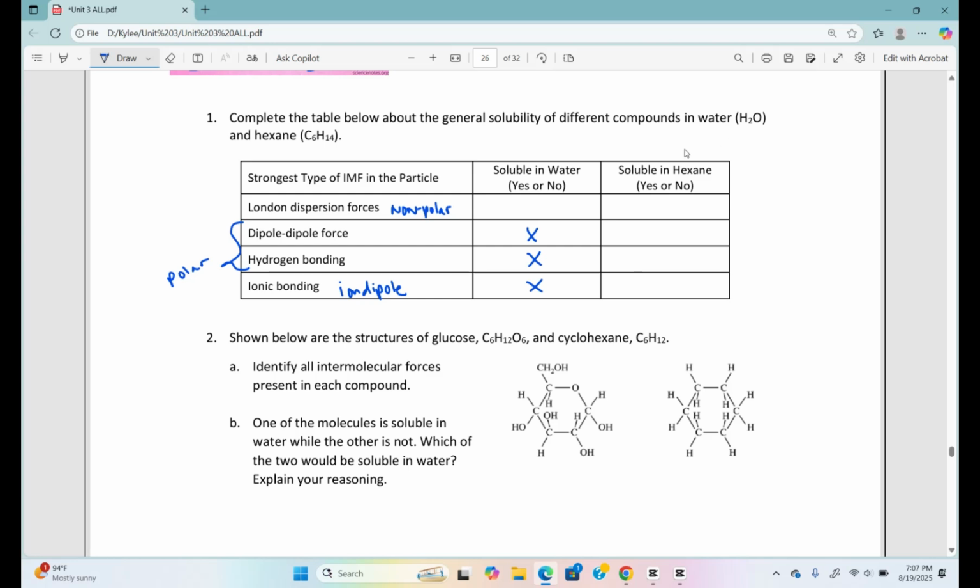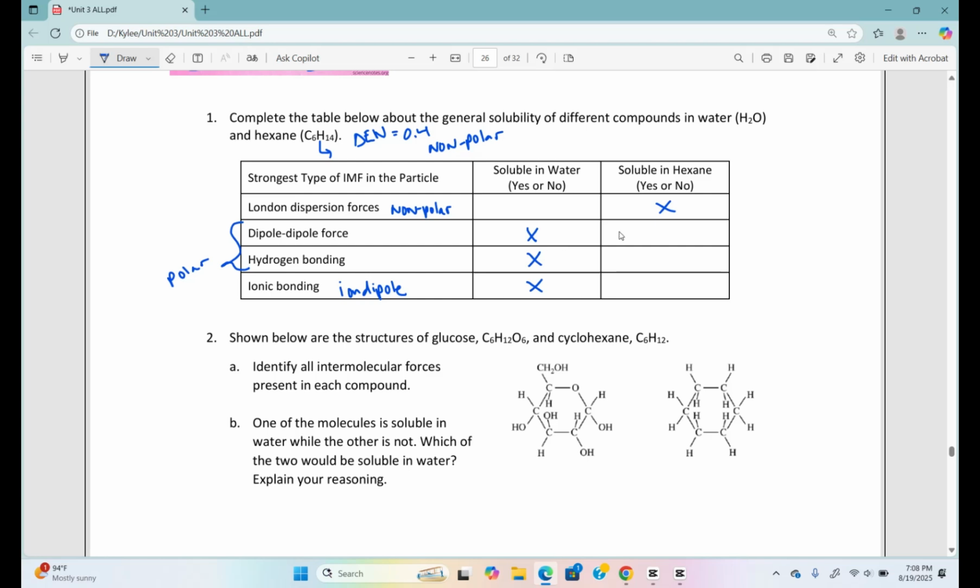Hexane is C6H14, and the electronegativity difference between carbon and hydrogen is very small. It's around 0.4, and so we consider that to be nonpolar. And so if I have something with London dispersion, that will also be nonpolar. Usually if it's two nonpolar substances, they'll dissolve in each other.